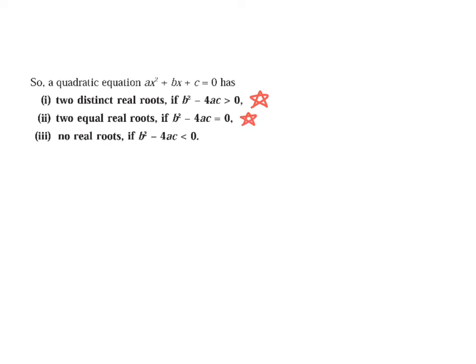And you will have no real roots if b squared minus 4ac is less than 0. So what is b squared minus 4ac called? It is called the discriminant. We have done that at the beginning of the lesson.